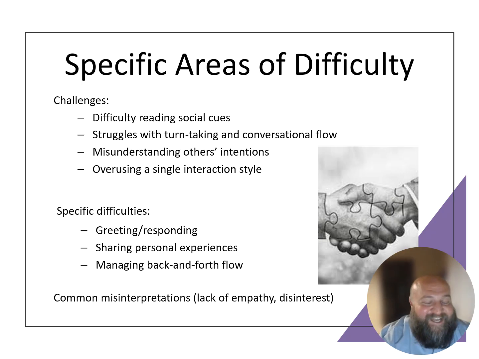Now, that being said, there's a lot of misconceptions about ASD, especially when it comes to socialization. Those individuals who have problems with social interactions don't lack empathy, and they're not disinterested in you, right? So they're not talking about themselves nonstop and not asking about you because they're not interested in you or they don't care about you.